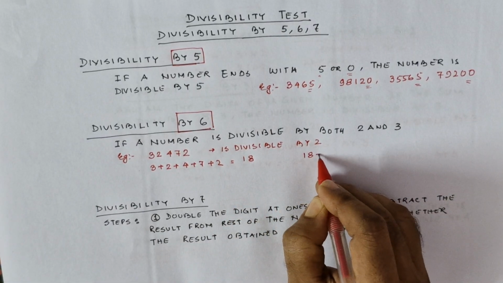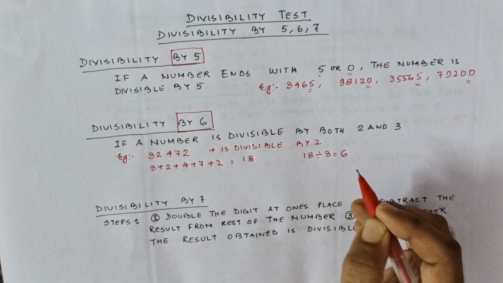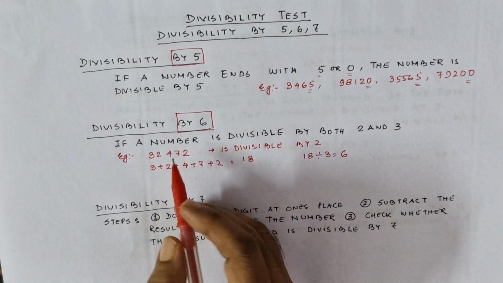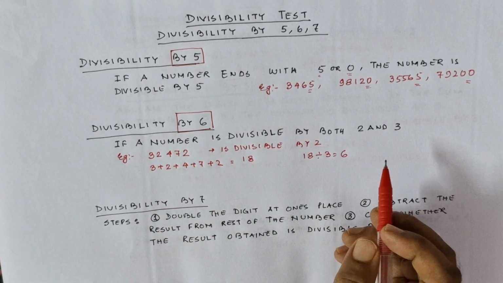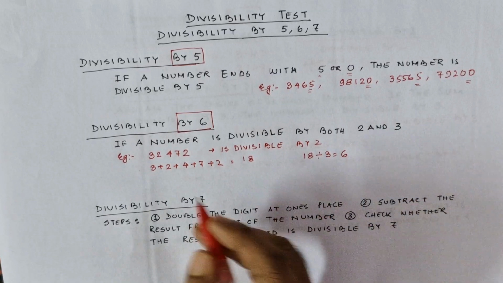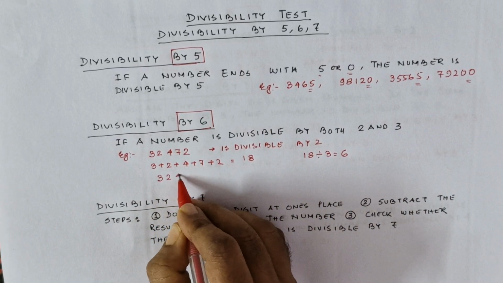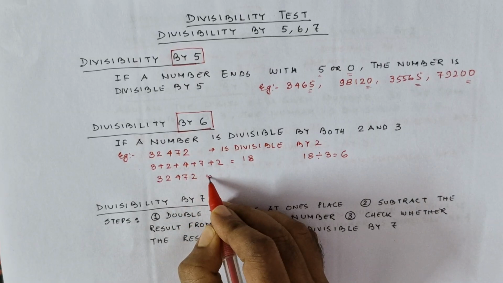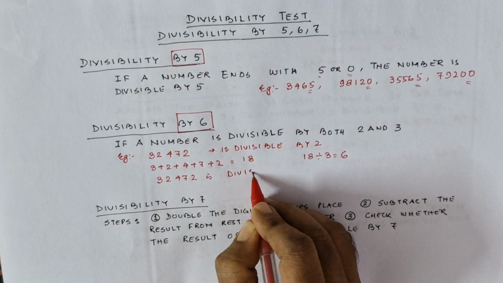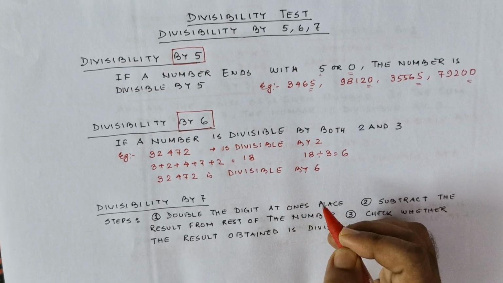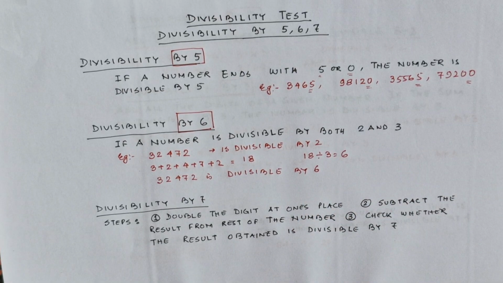So 18 is divisible by 3. So we can see that the number is divisible by 2 as well as 3. So we can draw a conclusion that 32472, which is the given number, is divisible by 6. Got it? Easy one.